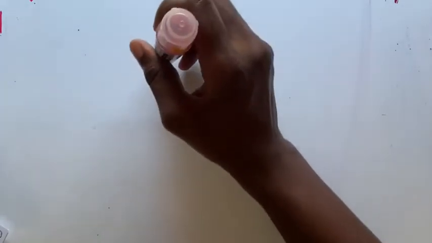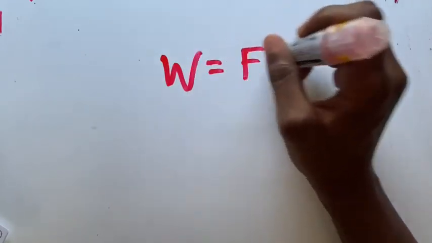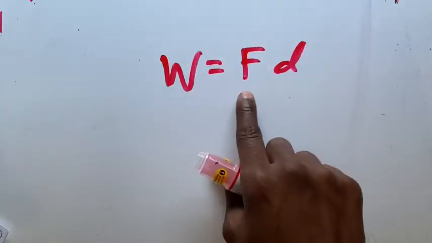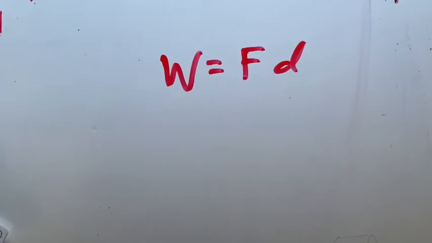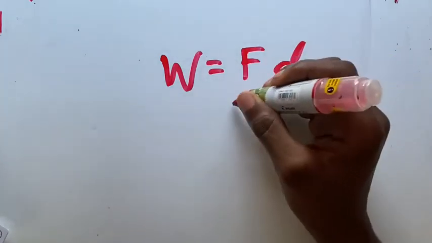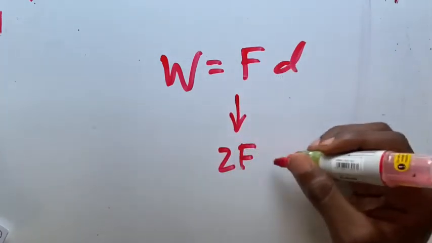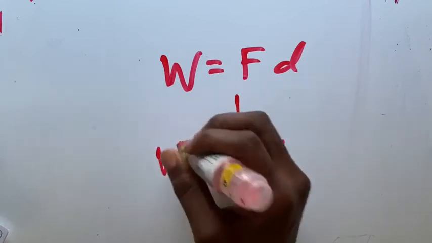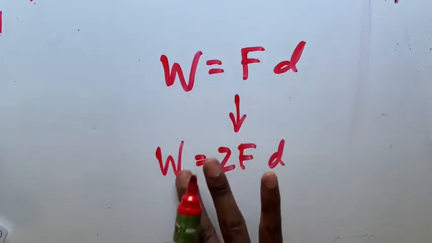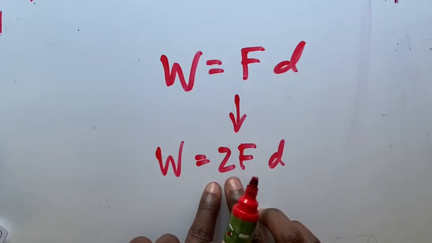All right, so number 11 says when you push an object a certain distance while applying twice the force, you do... So if I make the force twice as much, then what's going to happen to the work? Well, if I do 2 times the force, that's basically going to make the work twice as much, right?